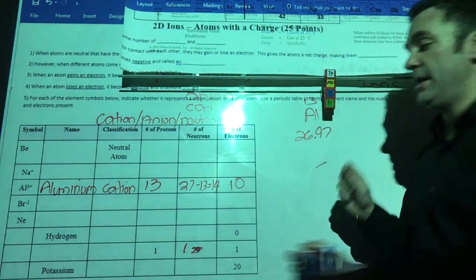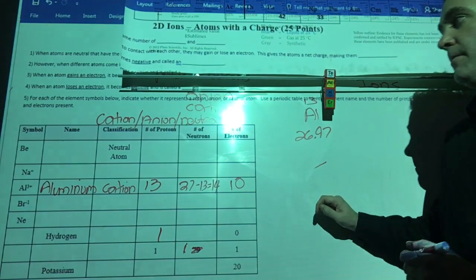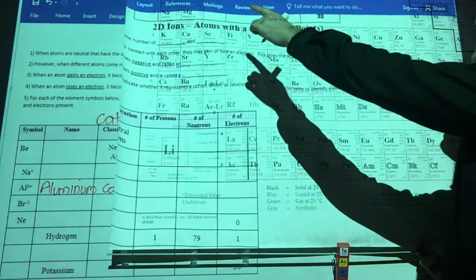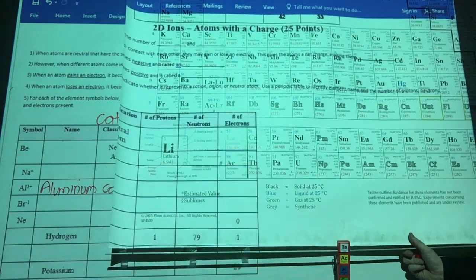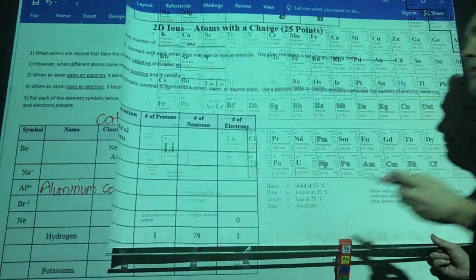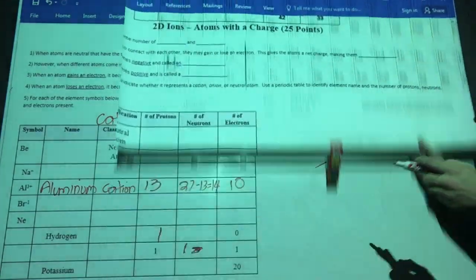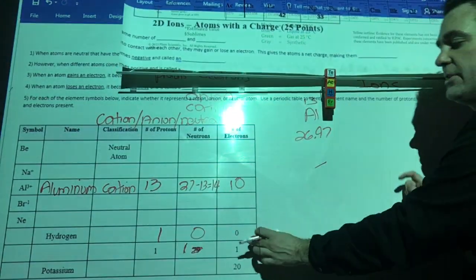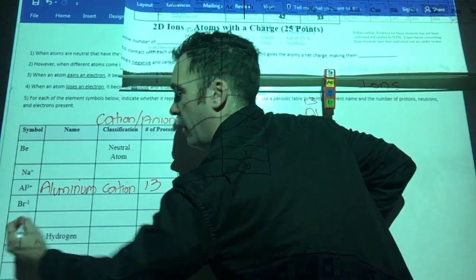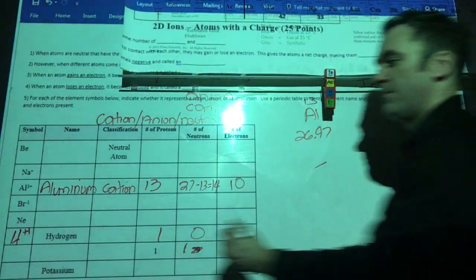But hydrogen, you know, has 1 proton. Then I look at the bottom. This one is what you guys actually got wrong, or like half of you or a third of you got wrong in your lab. 1 minus 1 is 0 for neutrons. 0 electrons, therefore it is H plus 1, and therefore a cation.